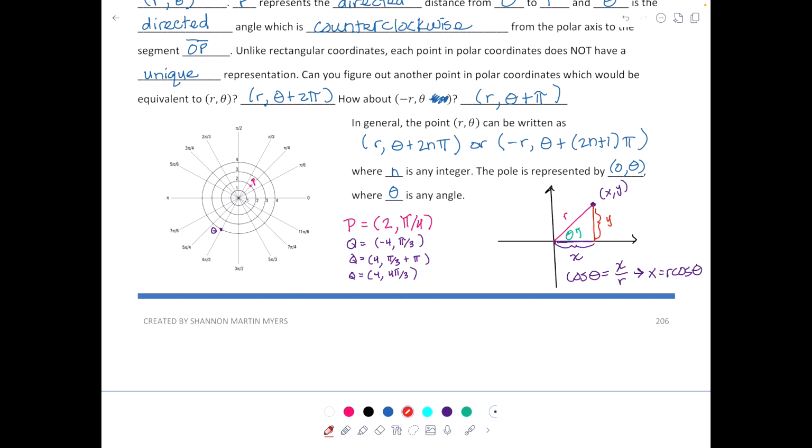Now, for y, you would use the sine function, right? That kind of goes with y. So sine theta is y over r, and so y equals r sine theta. Groovy? And then a couple of other useful tidbits to observe. Do you see that r squared would equal x squared plus y squared?